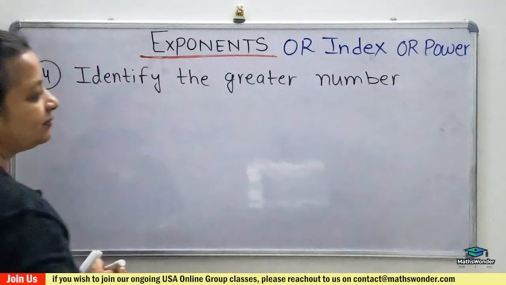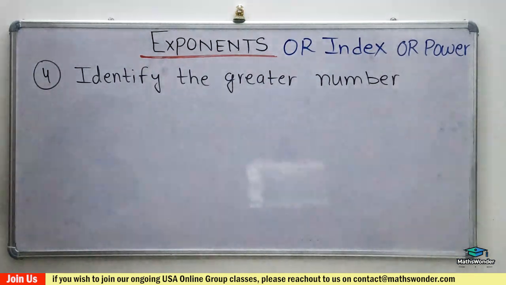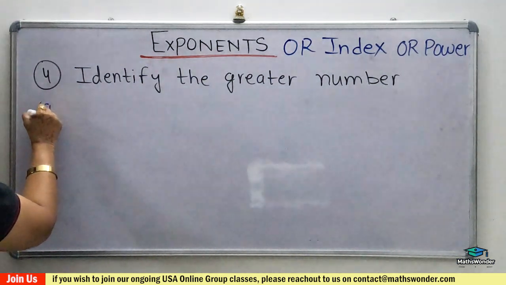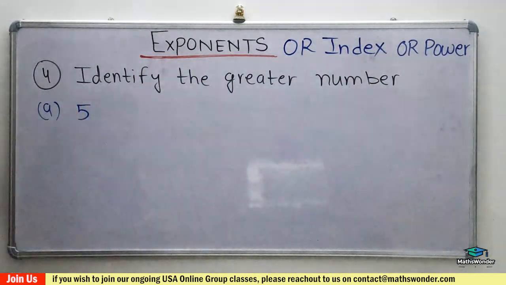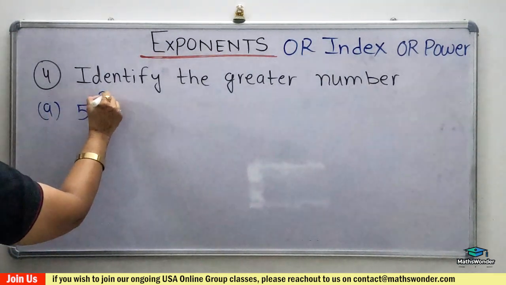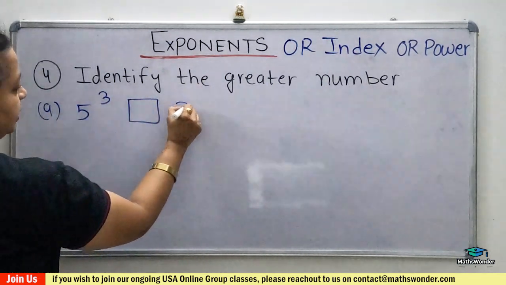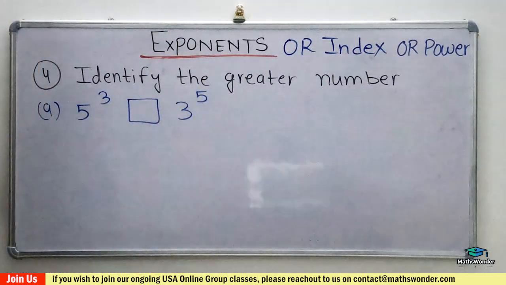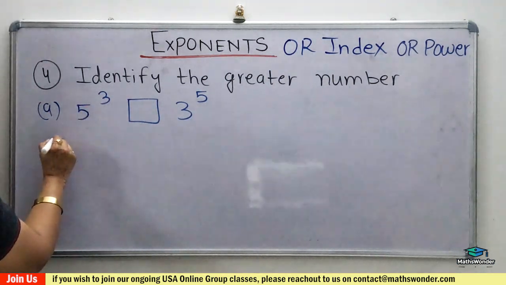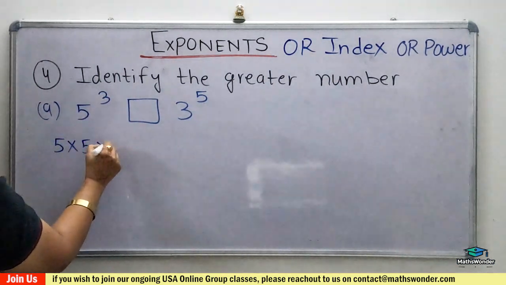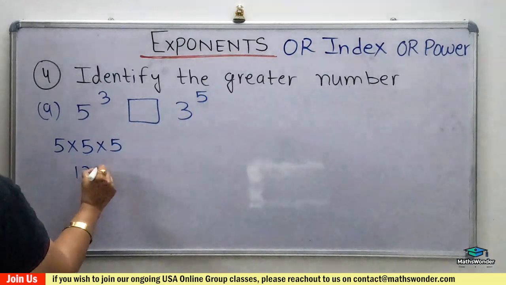You have to solve them and then find the greater number. Suppose one question is 5 raised to the power 3 and 3 raised to the power 5. Which is greater? You will have to solve definitely, right? So 5 raised to the power 3 means 125.